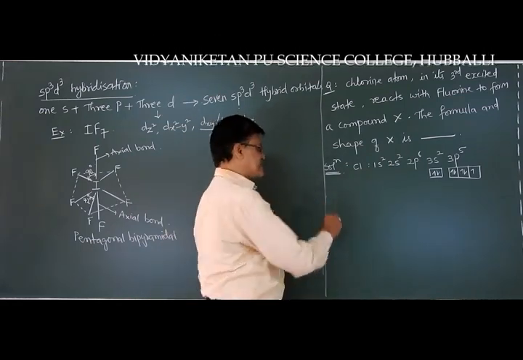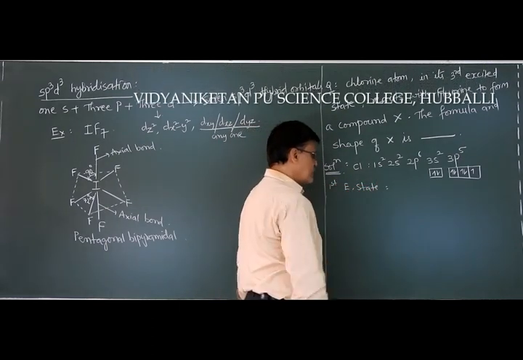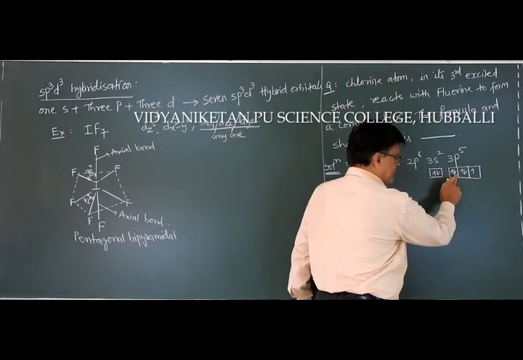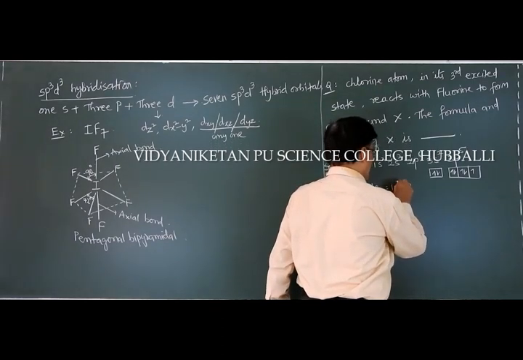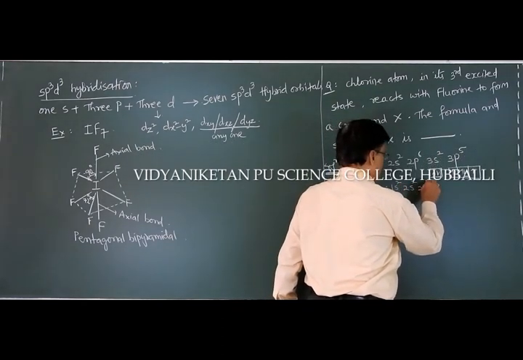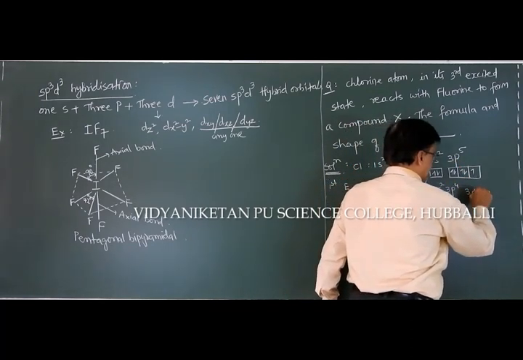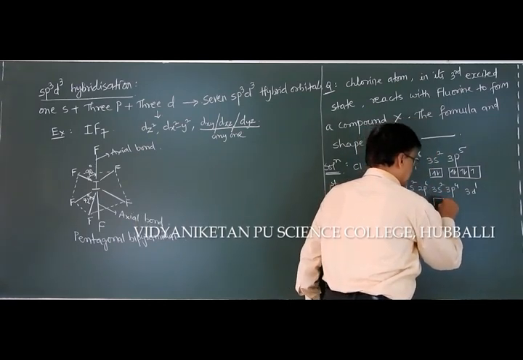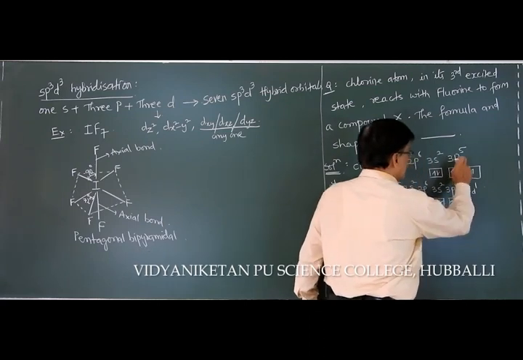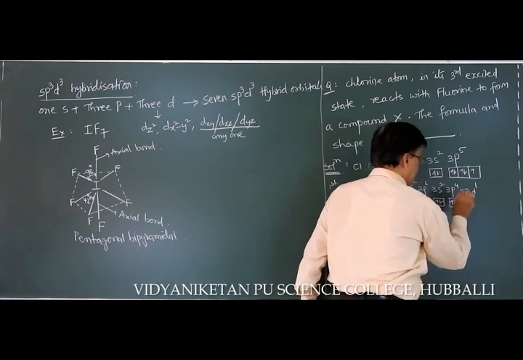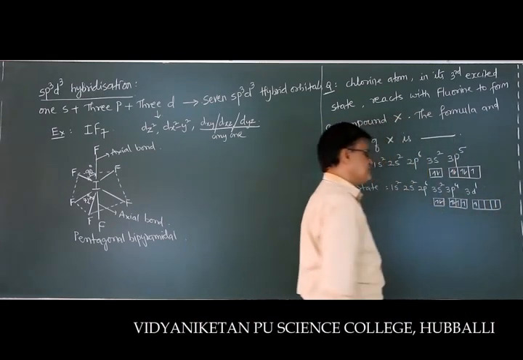First I will write the first excited state configuration. One electron promotes from the 3p orbital to the 3d orbital. I will write 1s2, 2s2, 2p6, 3s2, 3p4, then 3d1. 3s has 2 electrons, 3p has 4 electrons, 3d has 1 electron.